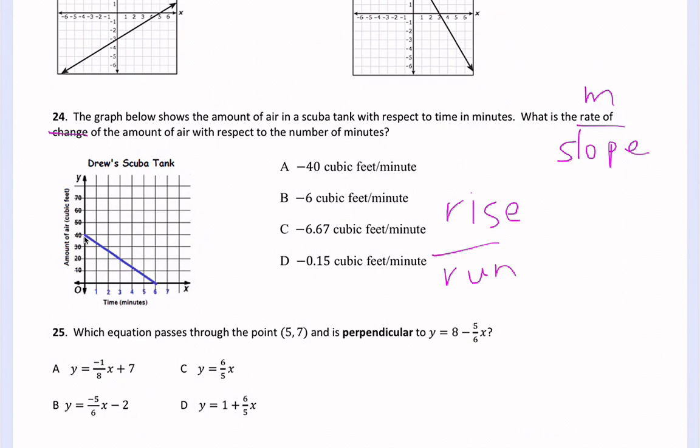Also notice that this line is going down, so I know my slope has to be a negative. All my answer choices are negative, so that doesn't really help me. And we needed to pick 2 good points, so I'm going to pick this y-intercept point, and this x-intercept point. Turn it into a triangle.